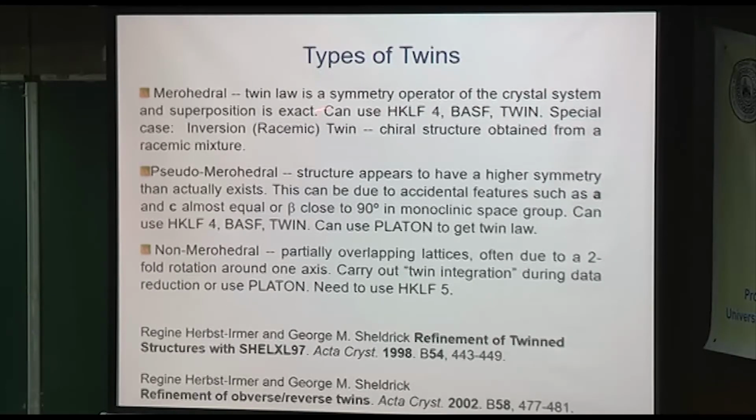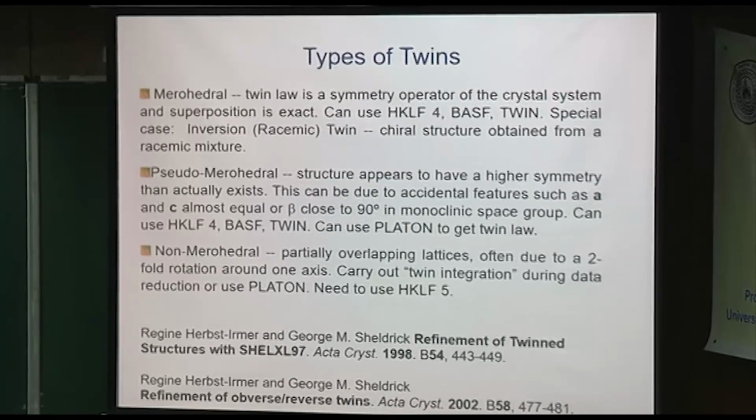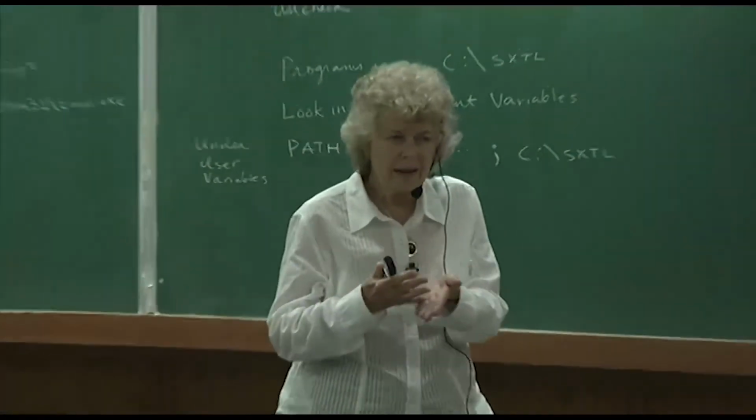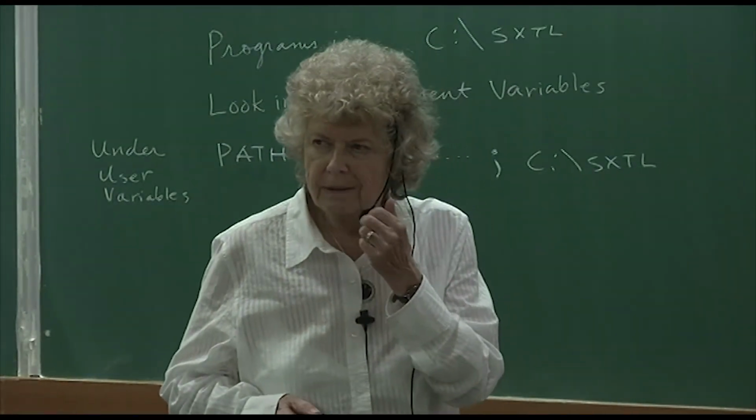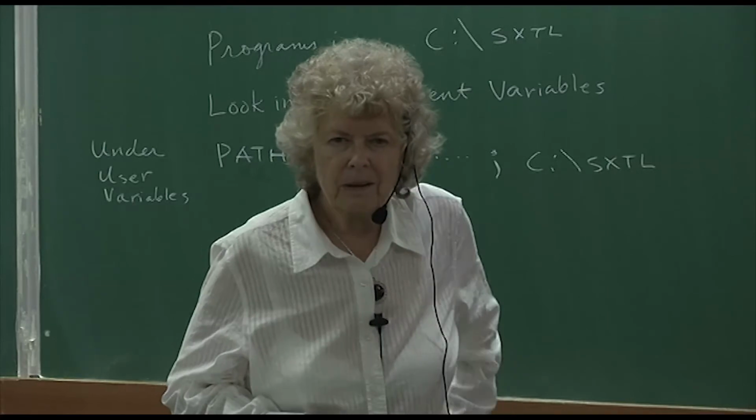Merohedral twinning is this definition. The twin law is a symmetry operation of the crystal system, and superposition is exact. So essentially what you have is two unit cells that are oriented in some way, like versus, say, a twofold axis or some other way, but causing all of the spots to be superimposed. And that's very, very hard to sort out.